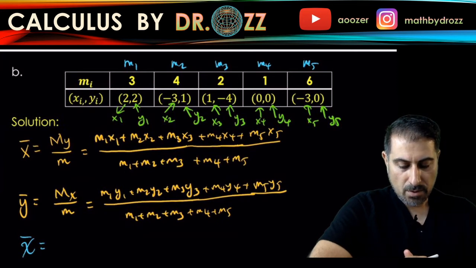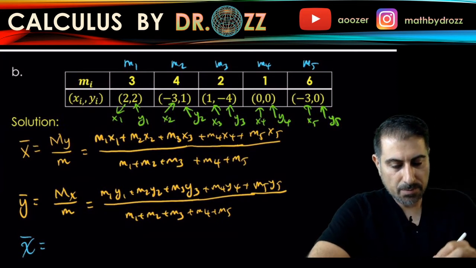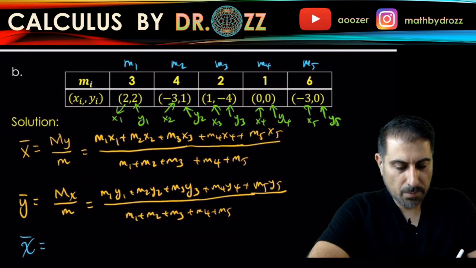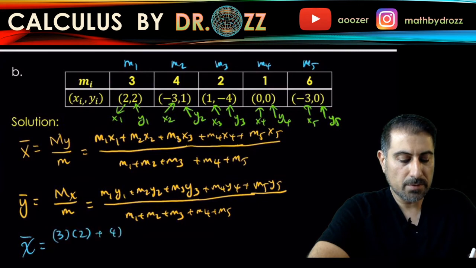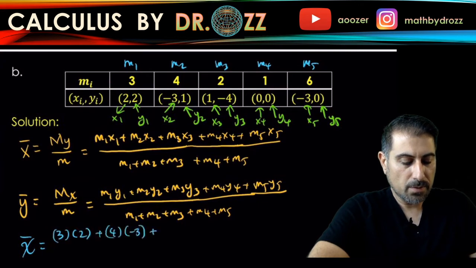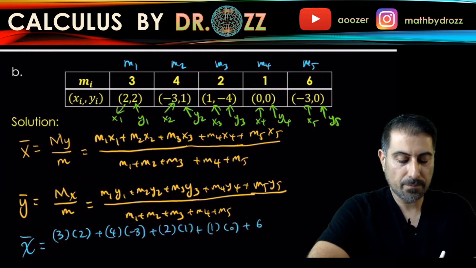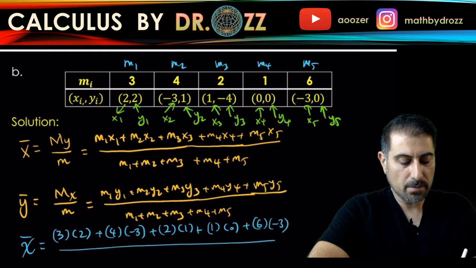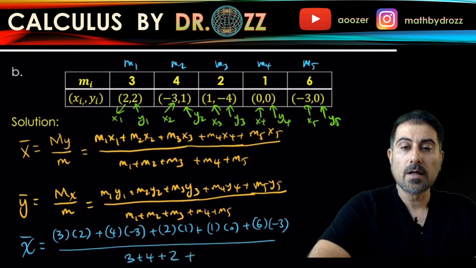Okay. So let's see what x bar looks like. X bar is going to be 3 times 2 plus 4 times negative 3 plus 2 times 1 plus 1 times 0 plus 6 times negative 3, and all divided by 3 plus 4 plus 2 plus 1 plus 6.